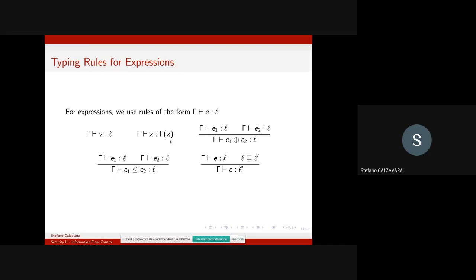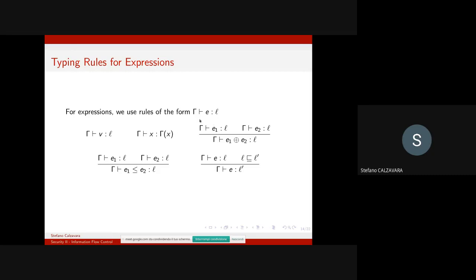This rule says that if I pick a variable X, the security level of that variable is what I get by looking up the typing environment gamma. You recall that gamma is an assignment from variables to security labels. So this guy here has type security label, which is exactly the shape of the typing judgment for expressions. And this is fine.